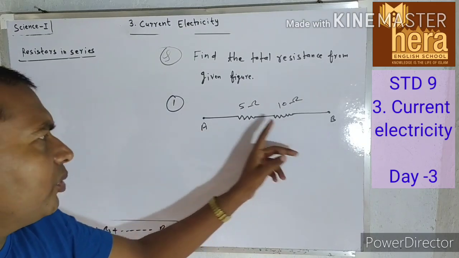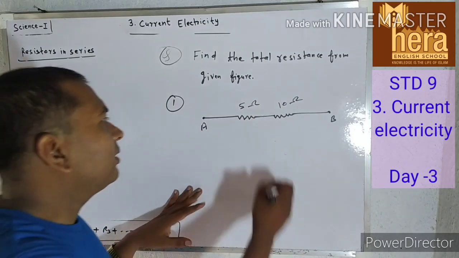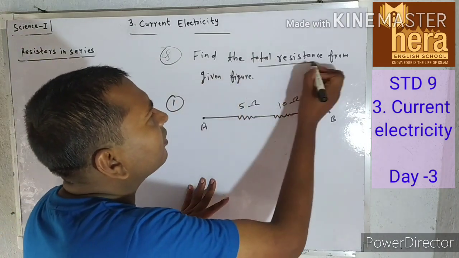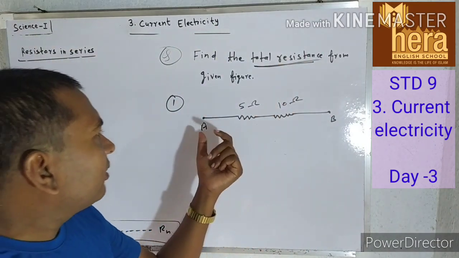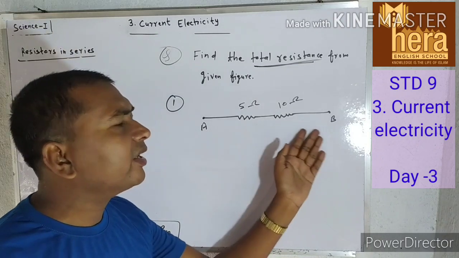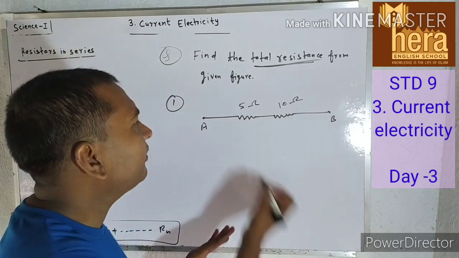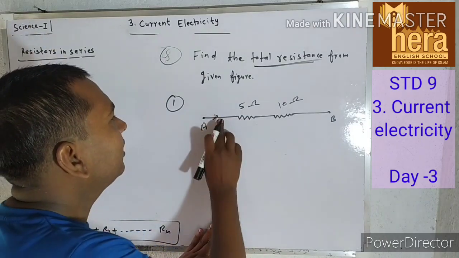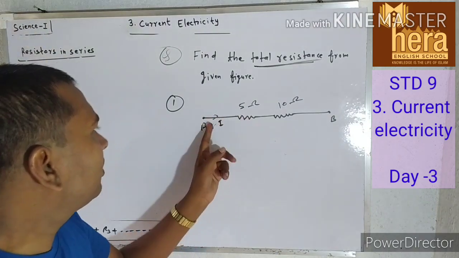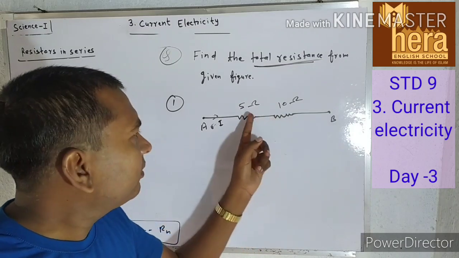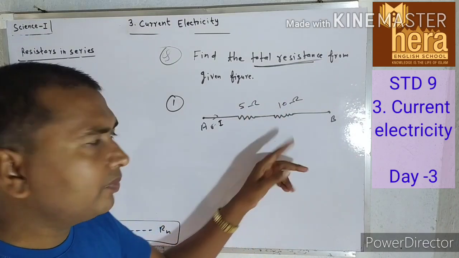How many resistors are there? 2. 1, 2, right? So you have to find total resistance. First of all you have to check whether this is connected in series or parallel. Of course this is connected in series, because if you take current I here, the current will be the same everywhere for 5 ohm as well as 10 ohm.